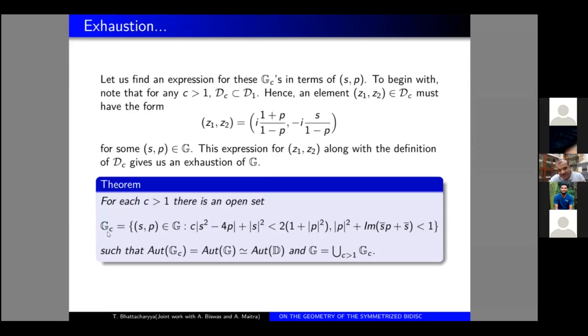So if you cut down at C, this is what you get. So this gives an exhaustion of G, and all of these domains G_C have the same automorphism group. The automorphism groups are the same as the automorphism group of G, which is the automorphism group of D.